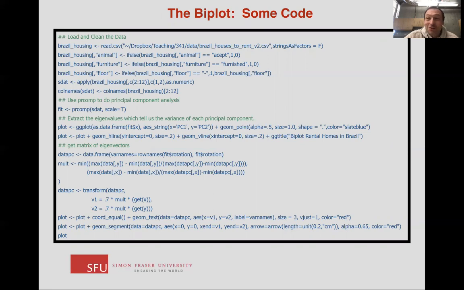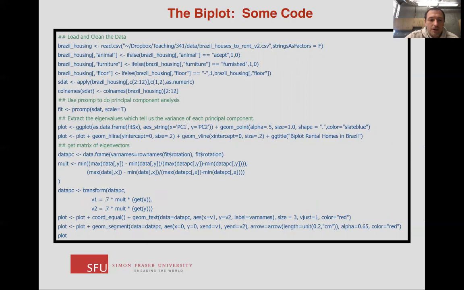So I've recoded it to be binary. The same thing for furniture. And then the floor data, there were a few that had no value, indicating that it's not a multi-level building. And so what I did is I said that if it's a single-story building, then I'll just say the floor is 1. And so that's what I'm doing with those if-else commands.